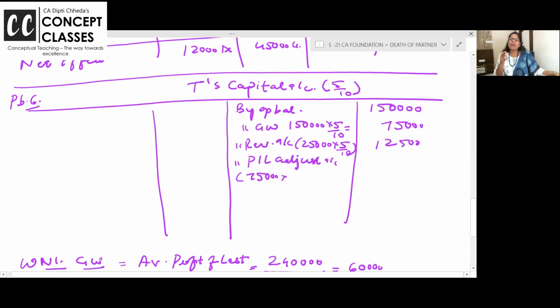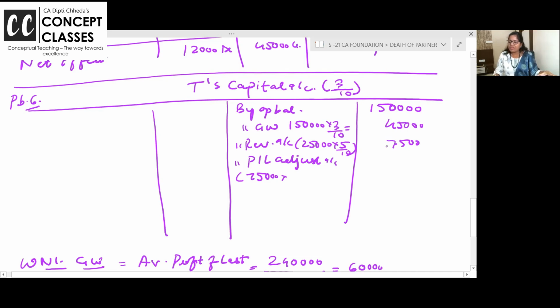Are you all reading the problem or not? My speed is so slow only. I made a big mistake. I made R deceased whereas T is deceased. Read the problem. And T's ratio is also changing. 3 by 10. Okay, change it everywhere. 3 by 10. 1,50,000 into 3 by 10. 45,000. 25,000 into 3 by 10.